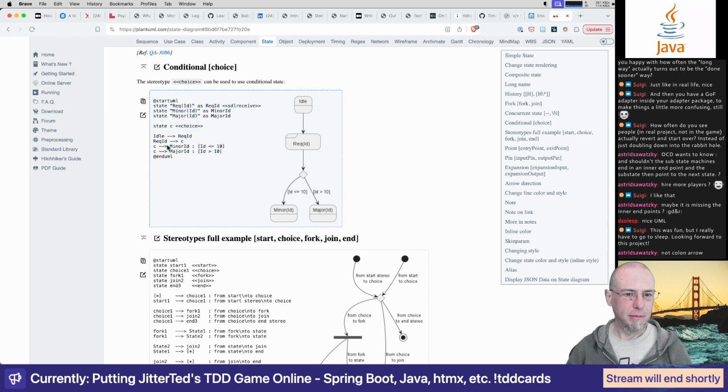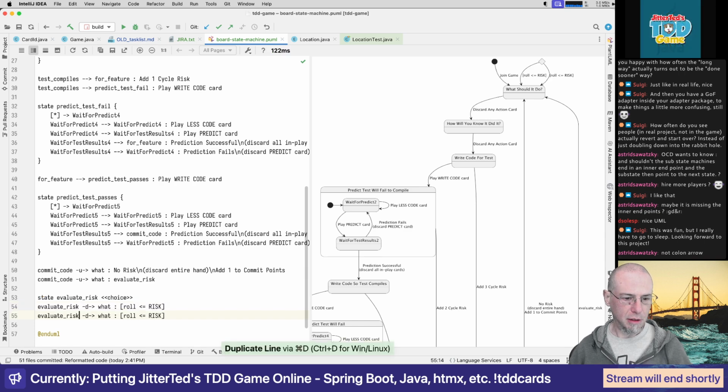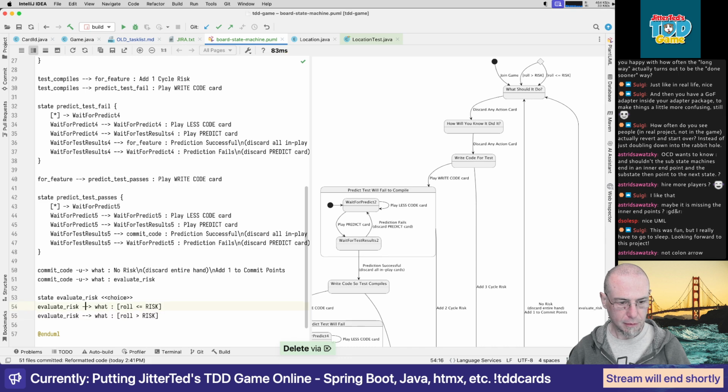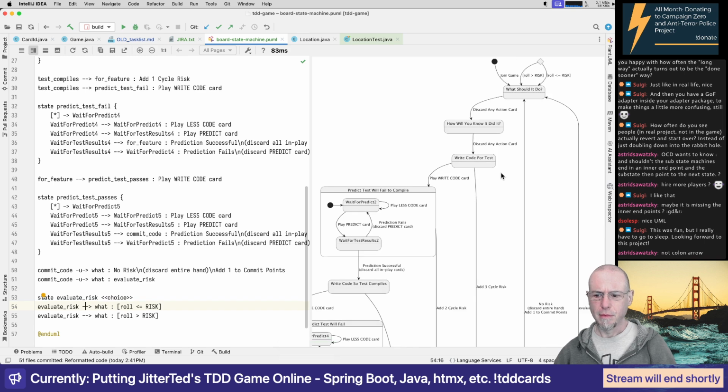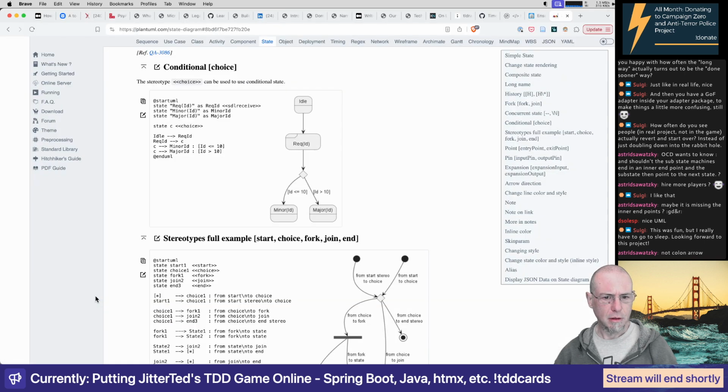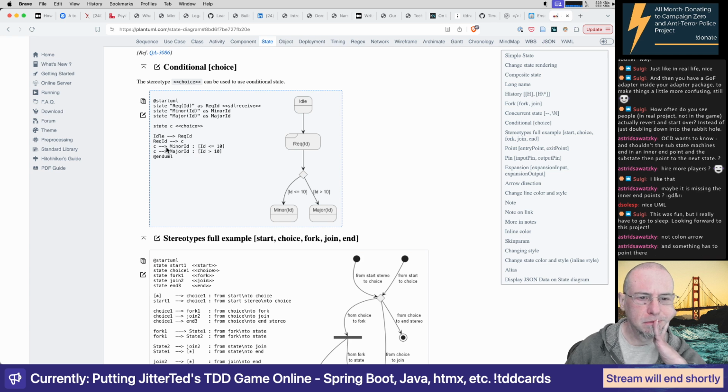You know what? So the thing I call choice, which is evaluate risk, goes to somewhere, colon, and then there's this one. I think that's right. Evaluate risk has to go... Yeah, something has to point there.